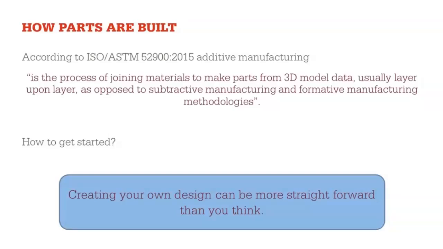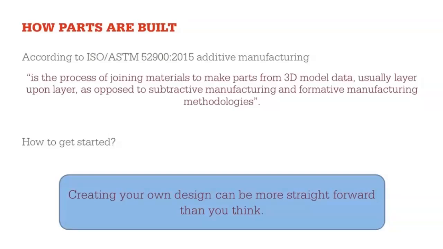We're going to do it layer upon layer, building one layer up at a time, and that's the opposite of subtractive. Subtractive manufacturing was our machining: drilling, reaming, boring, all of those sorts of things. Additive is the opposite of that, and it's different to forming, where we're just changing the shape. We're adding material layer by layer.